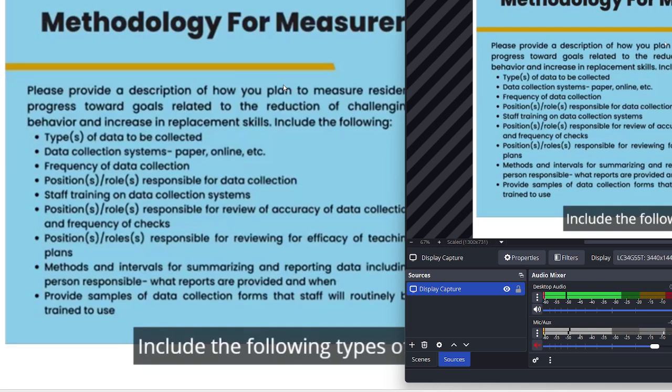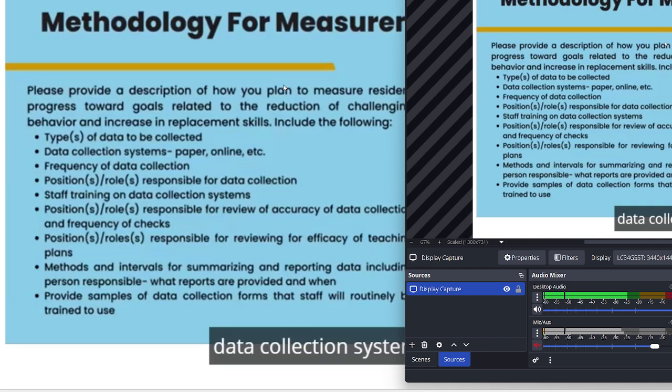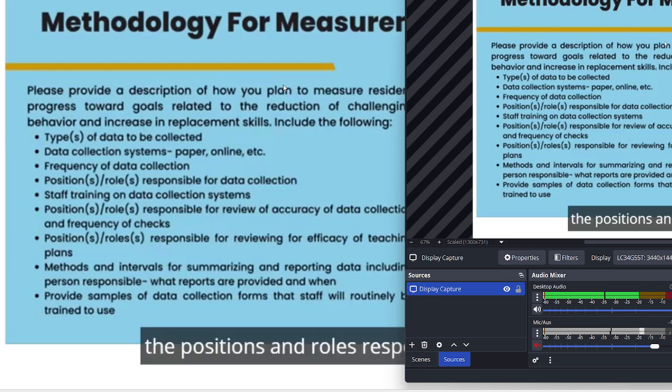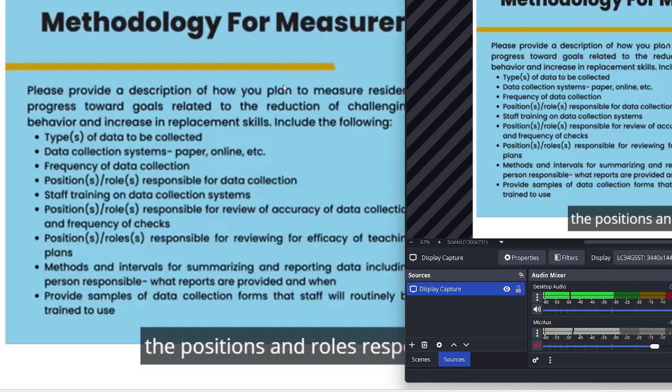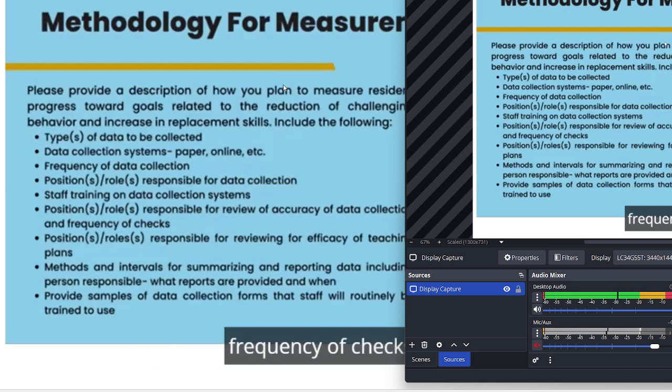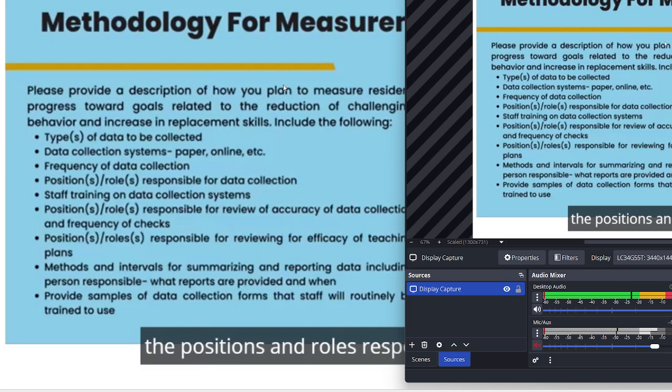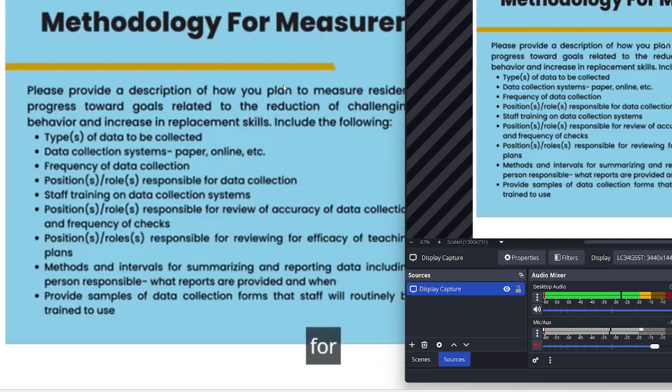Include the following: types of data to be collected, data collection systems, frequency of data collection, the positions and roles responsible for data collection, how staff will be trained on data collection, the positions and roles responsible for review of accuracy of data collection and frequency of checks, the positions and roles responsible for reviewing efficacy of teaching plans and behavior intervention plans, your methods and intervals for summarizing and reporting data, including person responsible.